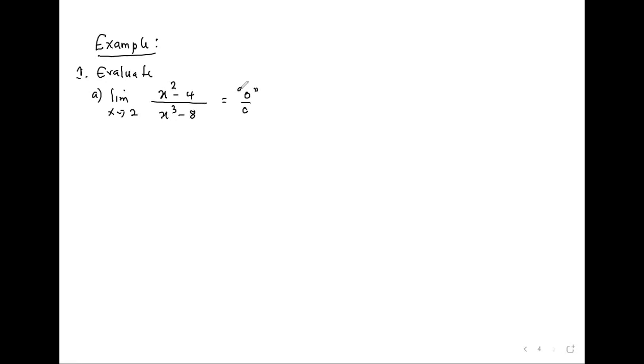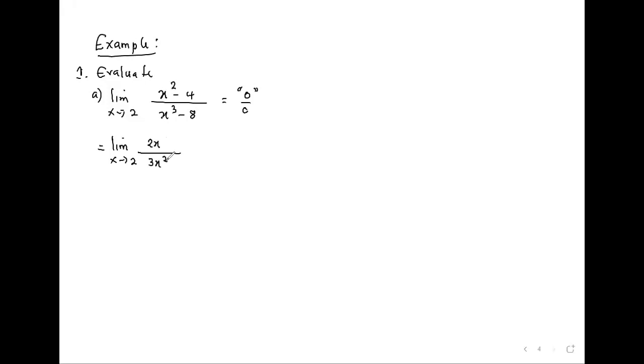But I've seen that we are messing up when it comes to factorization. So maybe let's use L'Hopital's rule. What does it say? You differentiate the numerator: x squared gives 2x, 4 gives 0. Over, you differentiate x cubed, you get 3x squared, and 8 gives 0.